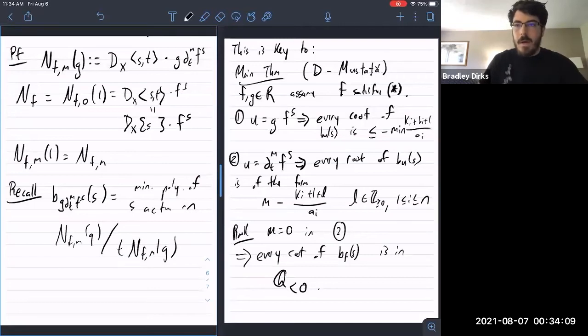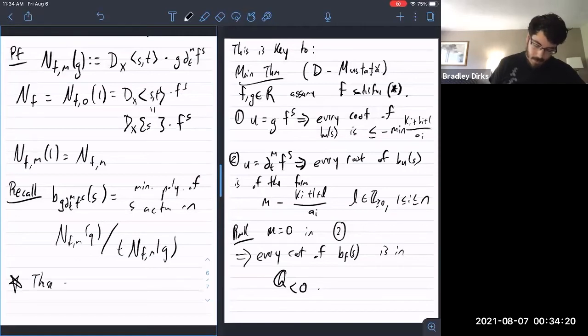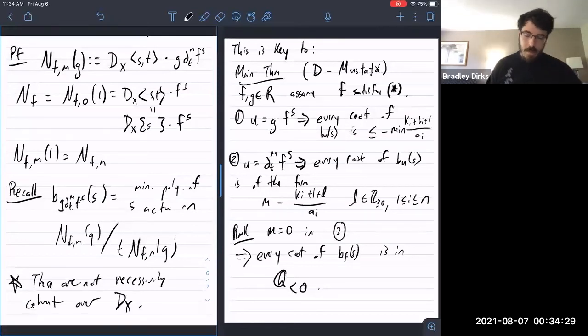Yeah, so this is how we can talk about it in terms of just the D-modules. But a warning, just like what happened last time, these are not necessarily coherent over D_X, right? They're generated by a single element over this larger ring.